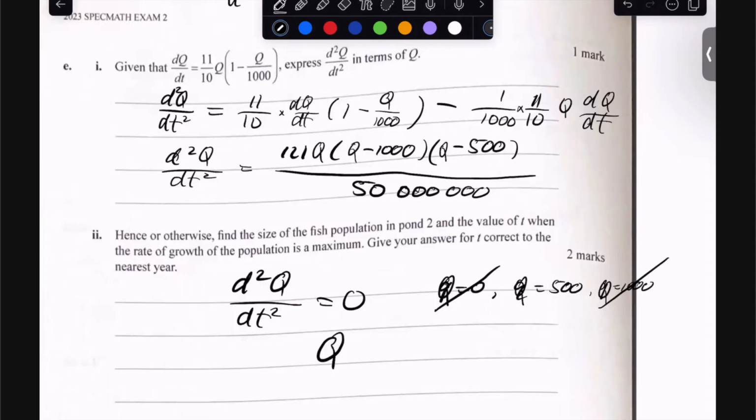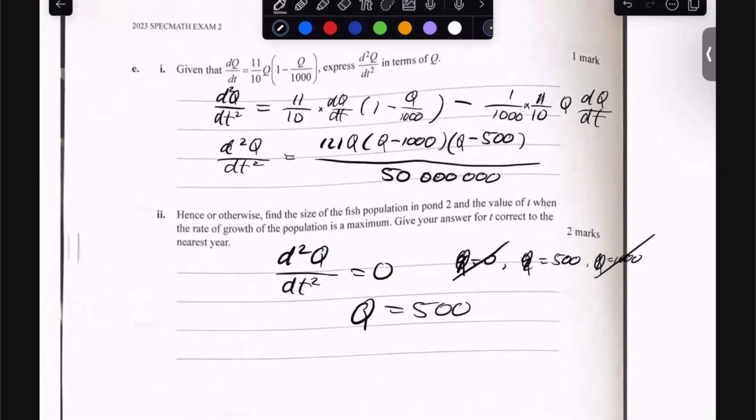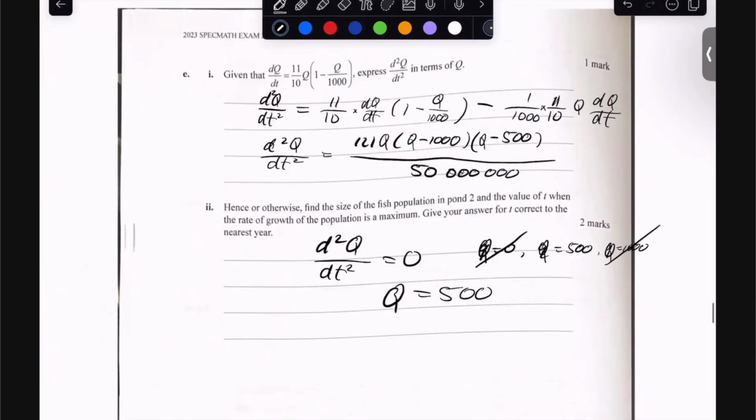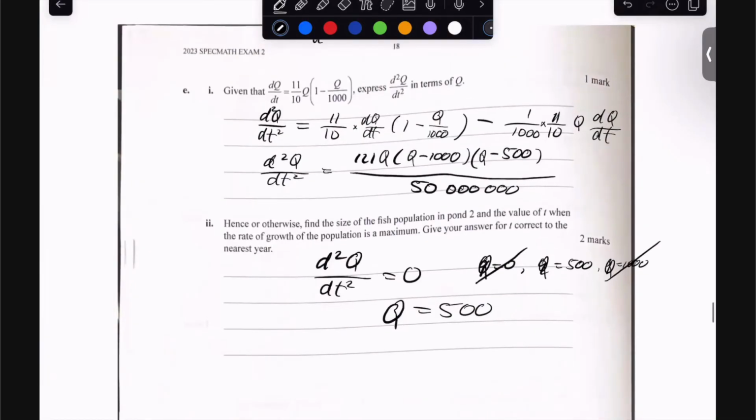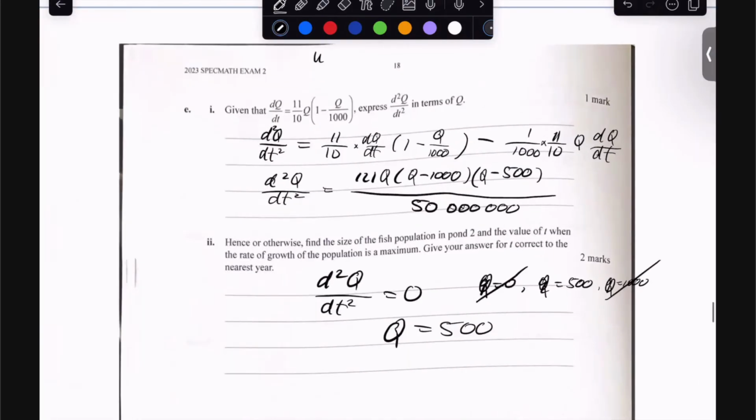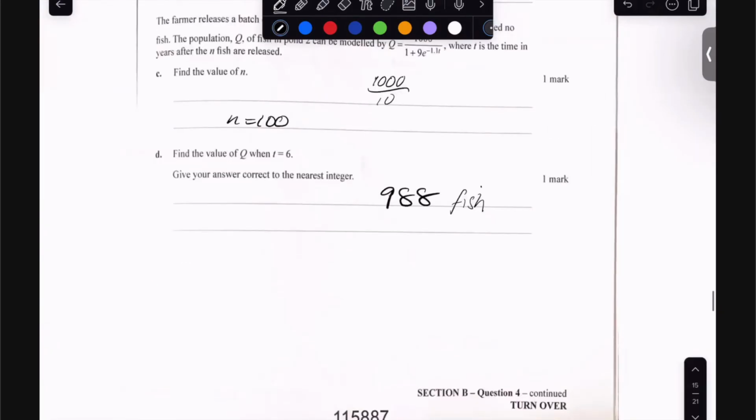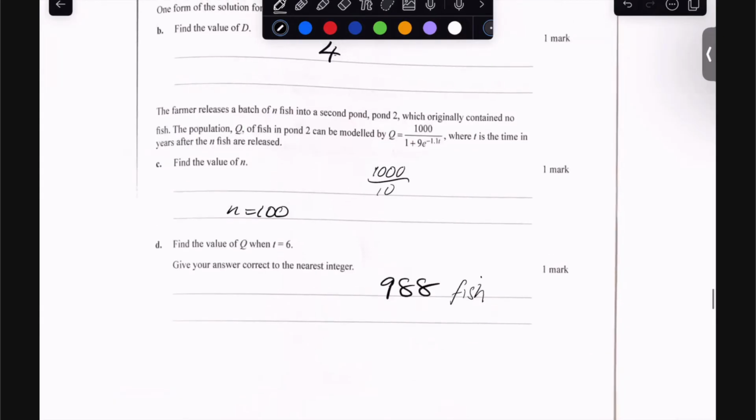So Q is equal to 500, and you can solve for t when Q is 1000, Q is 500, sorry. They gave you the differential equation, which is there. So you just sub in and solve for t.